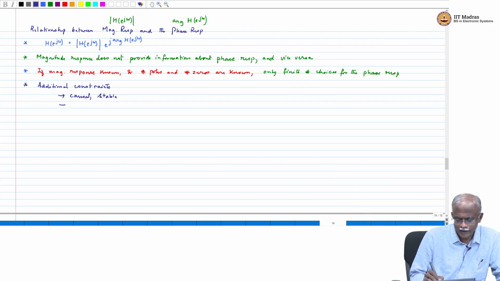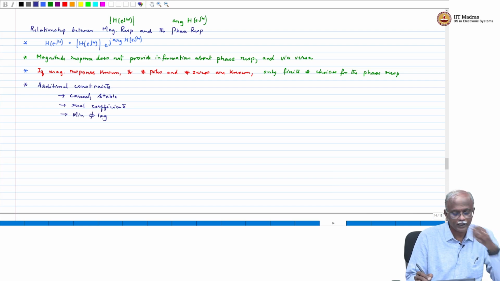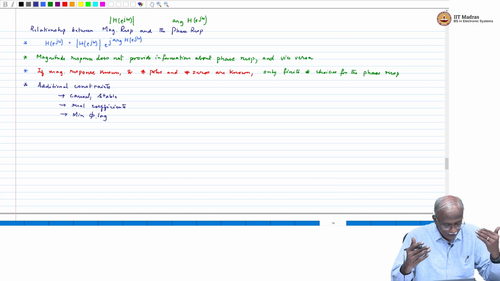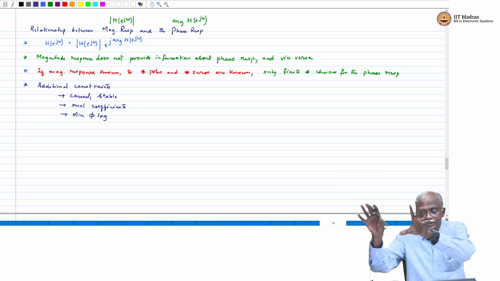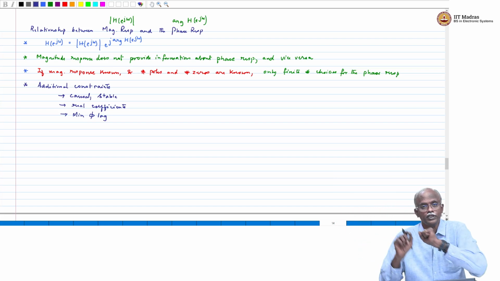That is one. You can say that you want real coefficients. And you can also say that you want to have minimum phase lag. You want all the zeros inside the unit circle. These are conditions you can put on, which will limit the number of choices that you have for the phase response.